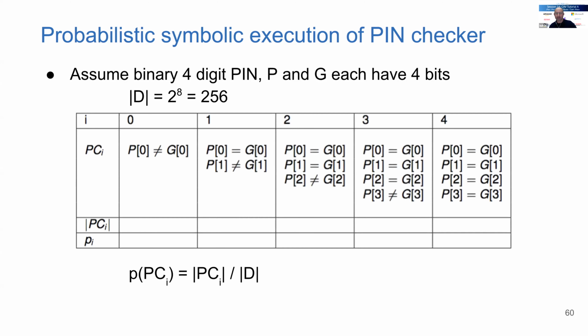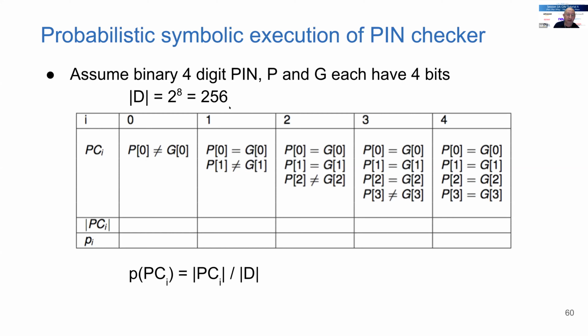So I have 5 path constraints, right? First character doesn't match; second character, the first matches, the second doesn't match; and so on. All of them match in the last one. Now what I need is to count the number of solutions to these constraints. This is called model counting. So I need a tool that counts the number of solutions to a constraint. Now, the first bit doesn't match.